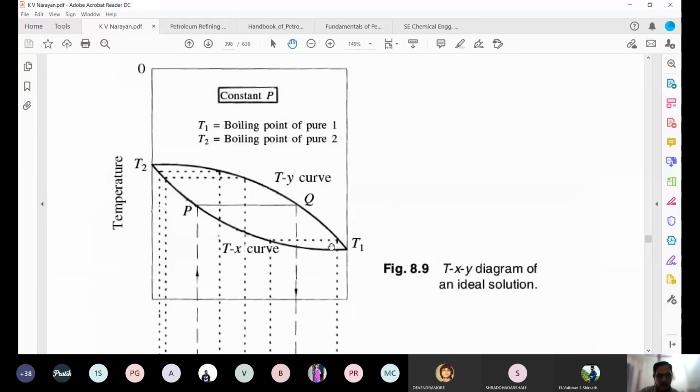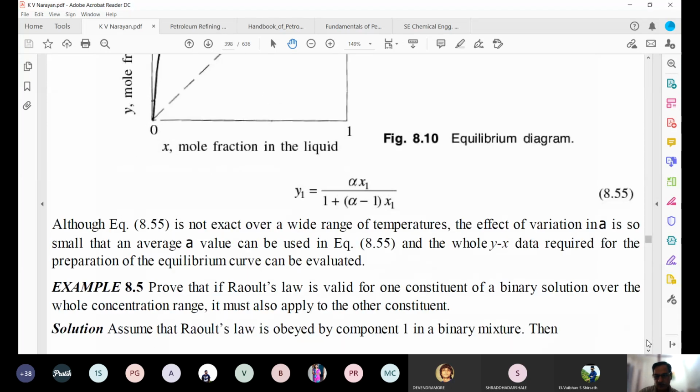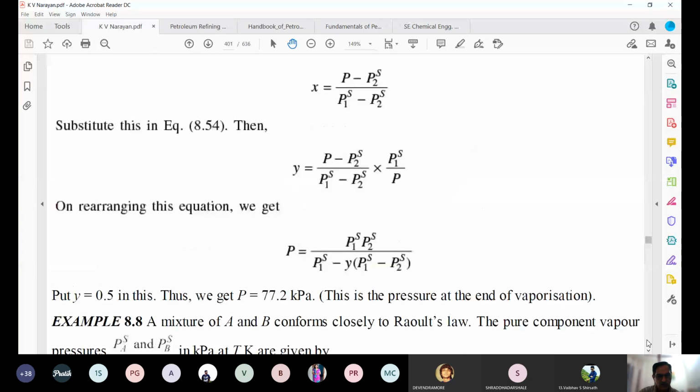This is the boiling point of component 1, more volatile component T1, and this is the boiling point of less volatile component T2. So this is n-heptane boiling point T1, and this is n-octane boiling point T2. And you draw this TXY diagram. TY कर्व ऊपर आएगा, TX कर्व नीचे आएगा. समझ में आ रही है बात? Yes sir. Okay. So now we have to do that. Now let's see.